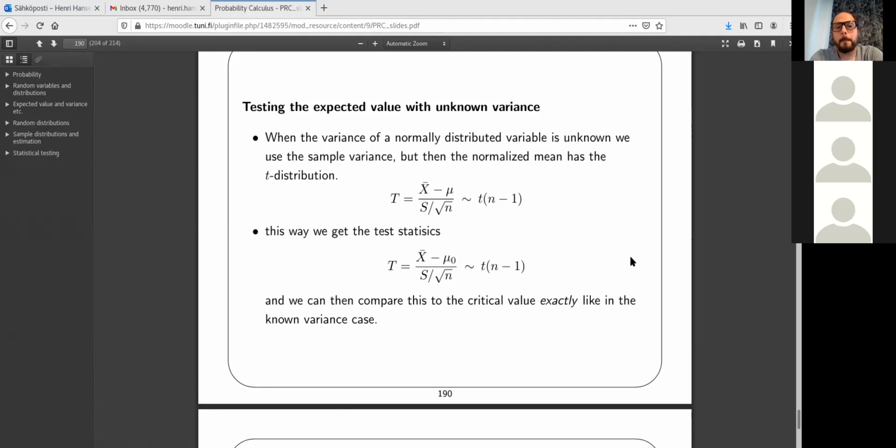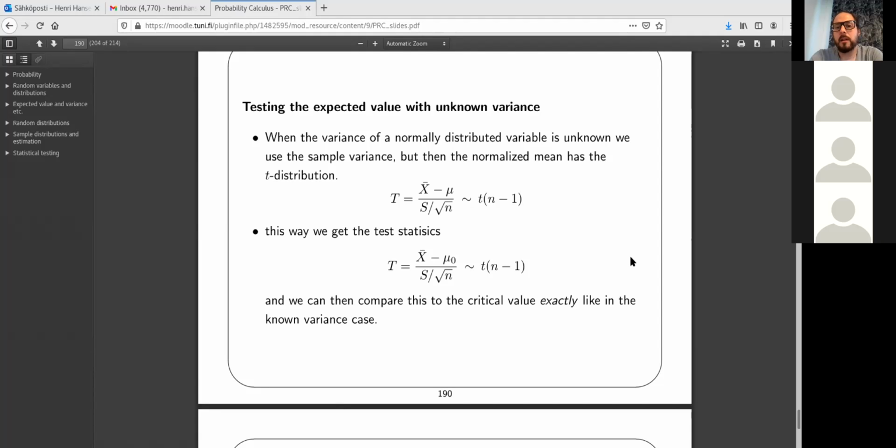And there are going to be some limits to what we can do with what we know now. So remember that when we have a normally distributed variable, but the variance is unknown, we can use the sample variance.